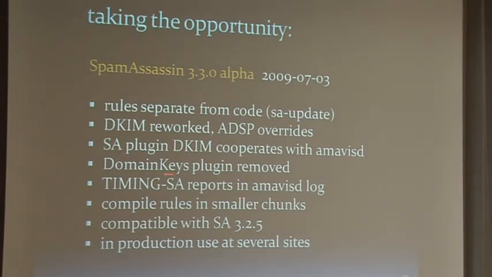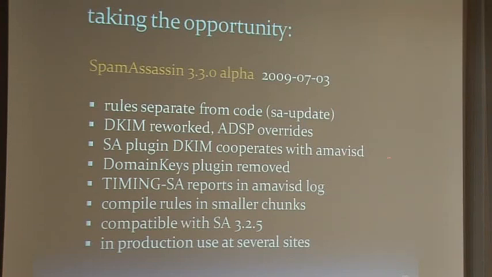Okay, cooperation with Amavis is better now that Amavis does DKIM verification. It can pass its results to SpamAssassin, so its plugin does not have to do the check again. It can reuse the same data.